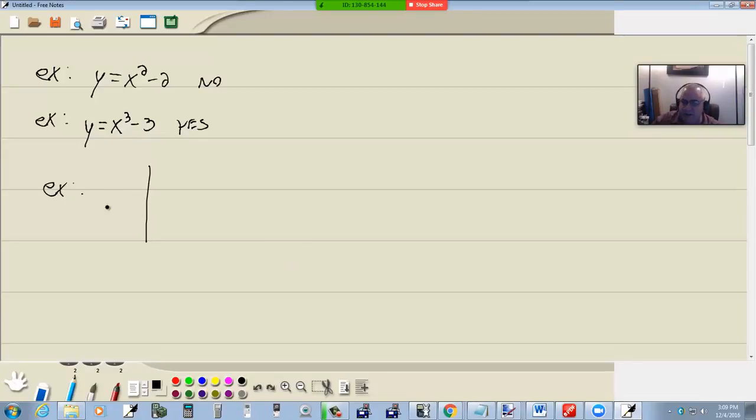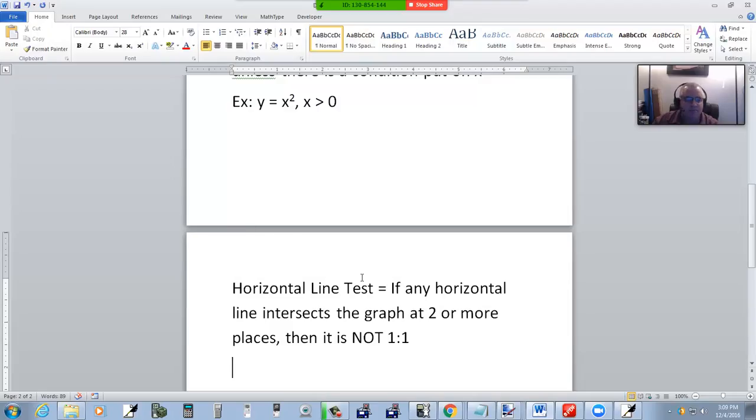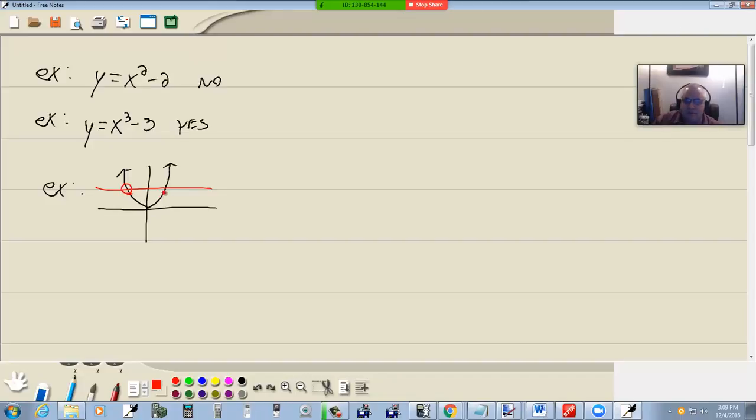Might still be a function, but it's not one-to-one. So if I have this graph here, I see I can draw a horizontal line right here, and it intersects at 2 or more places. So the answer here is no, it would not be a one-to-one function.